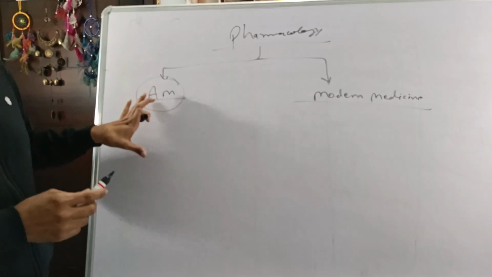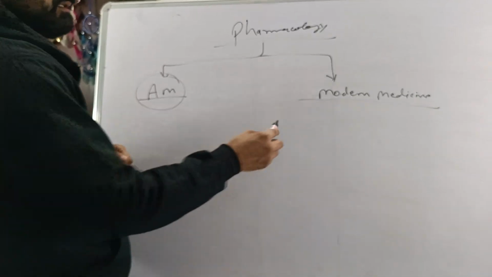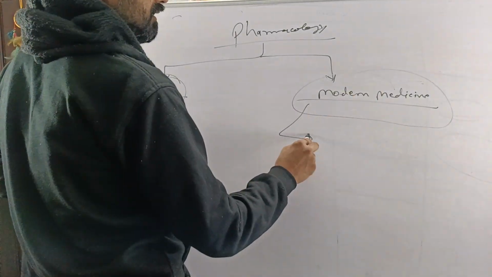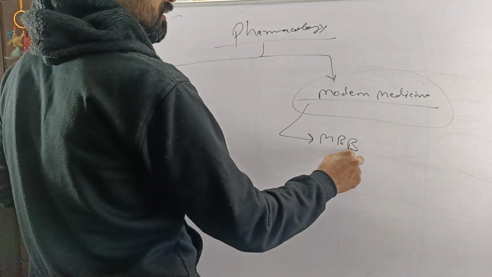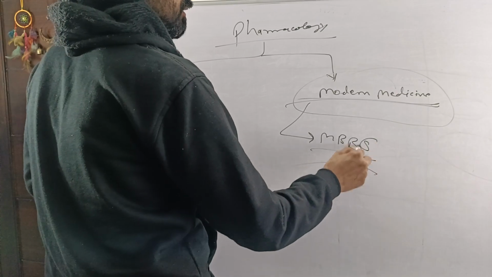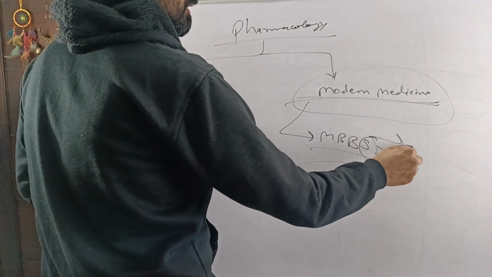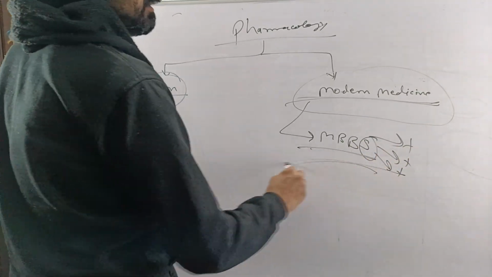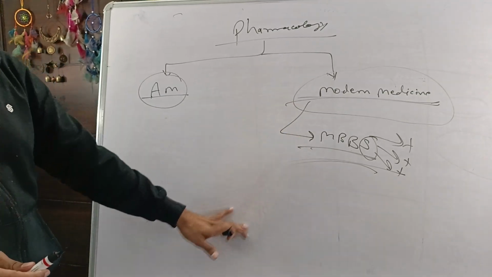So this was all about ancient medicine. In the next class we'll see the MBBS, that is your modern medicine concept, where some of the students and their teachers and some of the fathers of pharmacology.